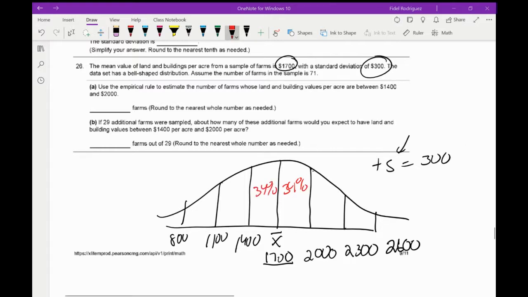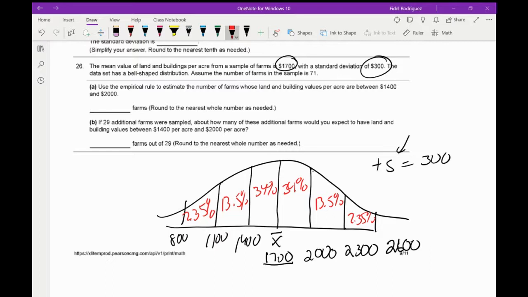The other numbers were 13.5%, 13.5%. And the last one I want to say was something like 2.35. So I'm going to put a 2.35% here and a 2.35% right there.